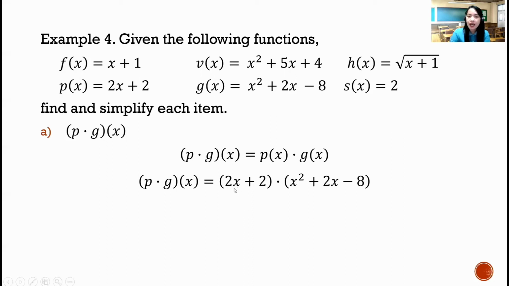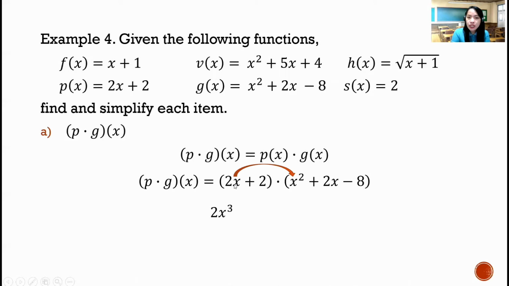So, here, ang gagawin ay 2x, i-multiply sa x squared. Since na ang coefficient ng x squared ay 1, so i-multiply mo lang 2 times 1, that is 2, and then copy the variable x, and then you are going to add the exponent kasi nag-multiply tayo dito. So, magiging siyang 2x cubed. 1 plus 2, ang exponent ay 3.